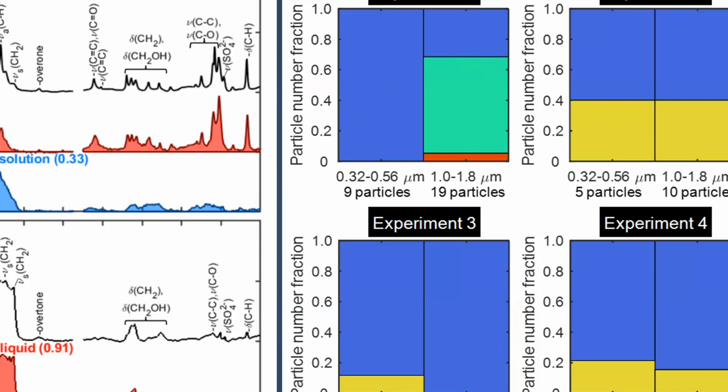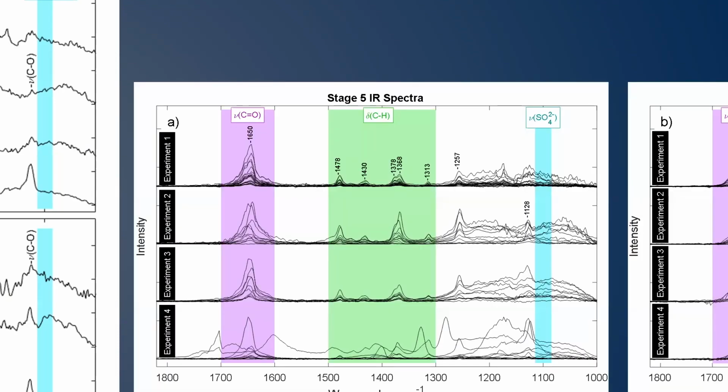But we were excited to see what the OPTIR could do. And so we did a similar sort of analysis there. And you can see here again, similar spectra averaged across these different experiments. But what was really exciting is that when we started to look at the reproducibility of these spectra, on the whole, considering each particle is its own individual entity and is going to have slightly different composition, overall, the spectra were really quite reproducible.